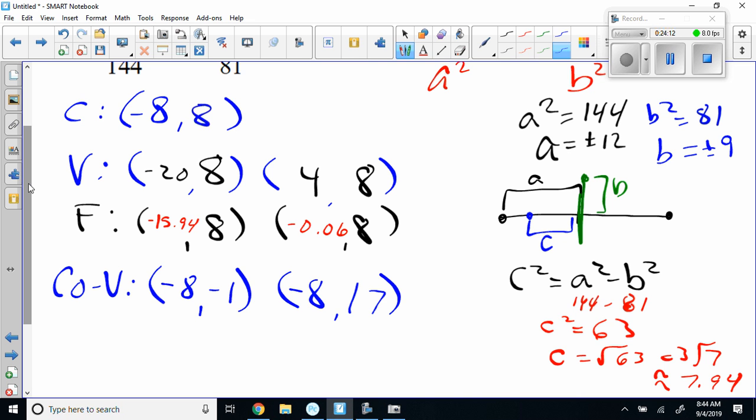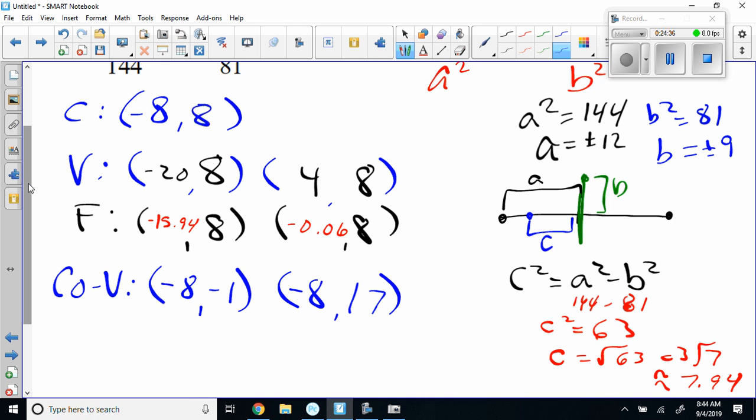Ladies and gentlemen, I like using distances. If you think about that, we just really plotted it, but only with numbers, right? Because we went that far to the left, that far to the right, for the vertices and for the foci, and then for the B, the co-vertices, for the minor axis. We plotted it, but we plotted it with ordered pairs.